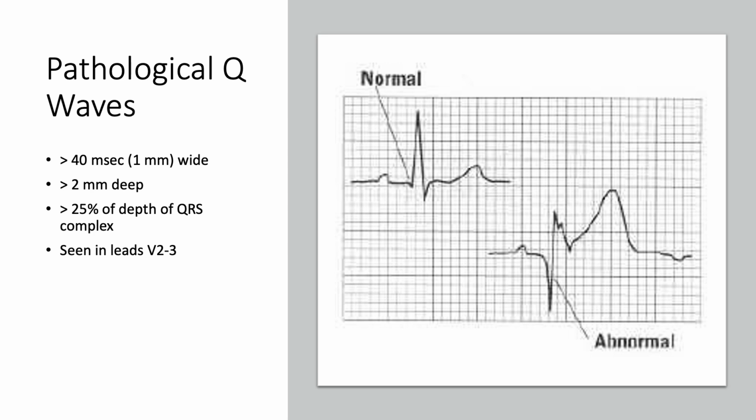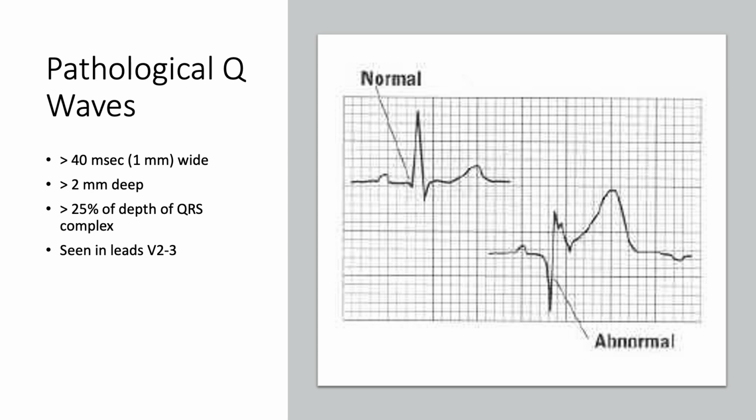So any of these criteria are reasonable to consider a Q wave pathological. Is it greater than 40 milliseconds or 1 millimeter wide on the EKG? Is it greater than 2 millimeters deep? Is it greater than 25% of the depth of the QRS complex? And then any Q wave seen in leads V2 or V3 are considered abnormal.